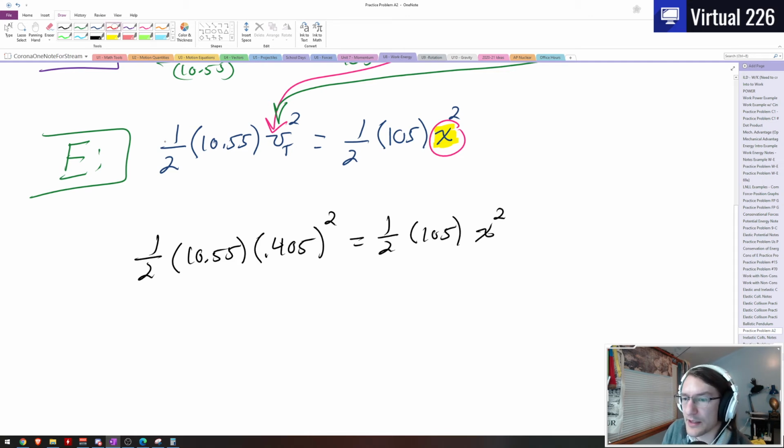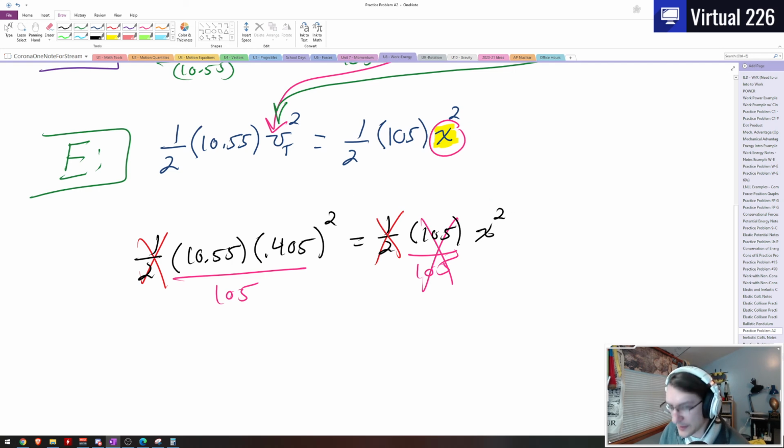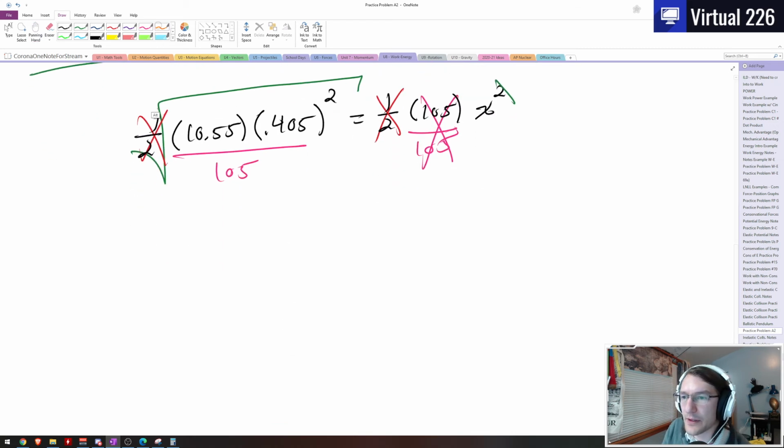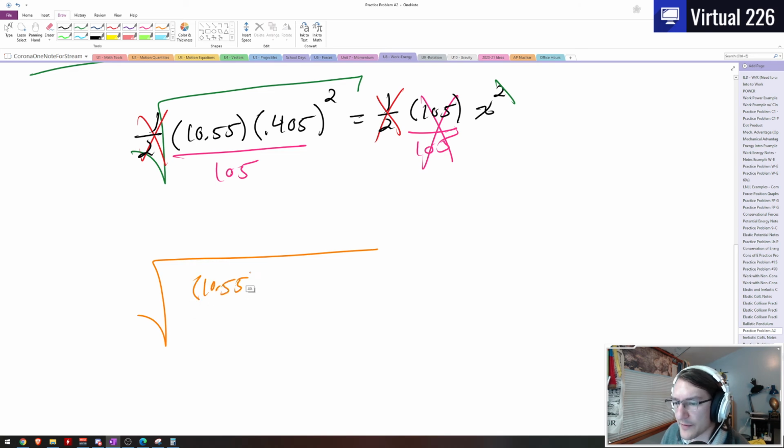Neat thing about this is the 1/2s are going to divide out, which is nice, which means the only thing we need to do to solve for x is divide by 105 and then take a square root. So what this will look like a little bit cleaner is the square root of 10.55 multiplied by 0.405 squared, divided by 105.